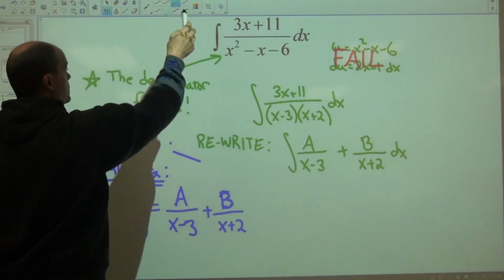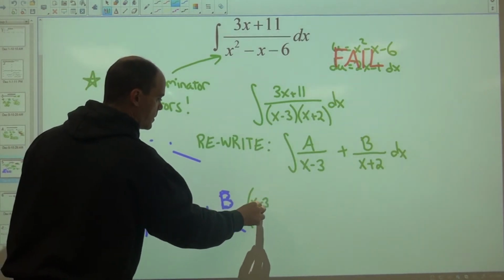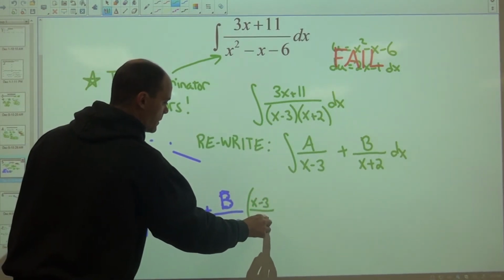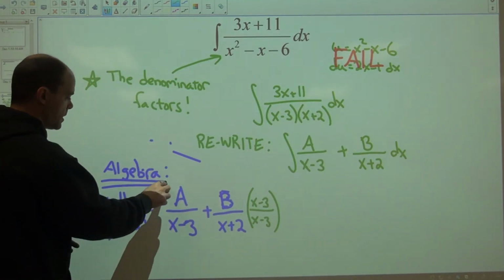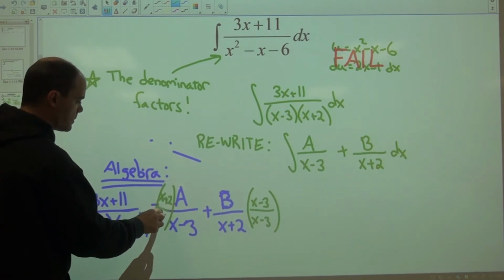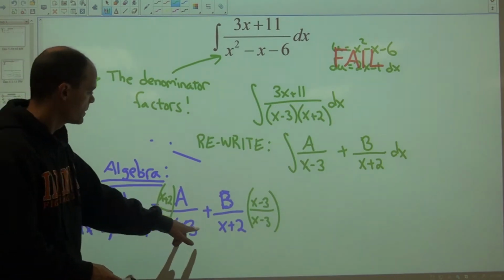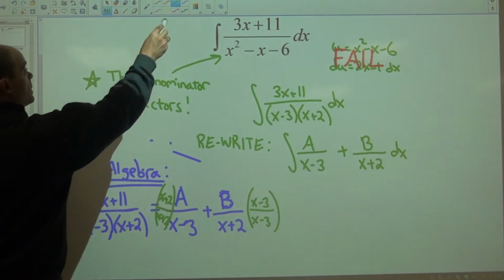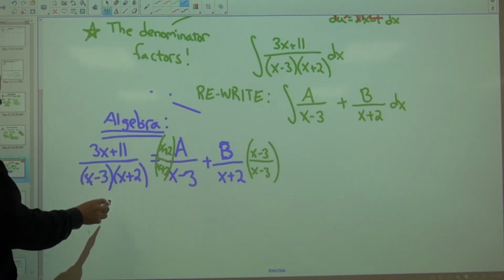So I'm going to multiply this guy by x minus 3 over x minus 3, which is just 1, so I don't have to do this to both sides. I'm going to multiply this guy by x plus 2 over x plus 2, and that will give me a common denominator. So my new equation will be this thing.